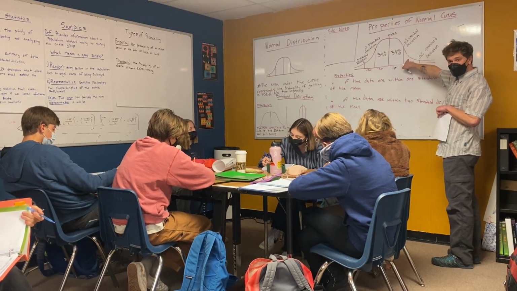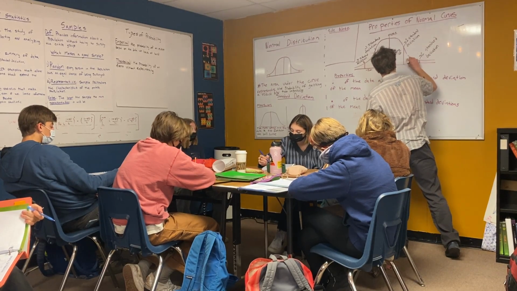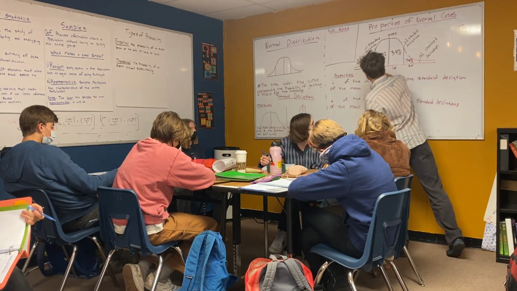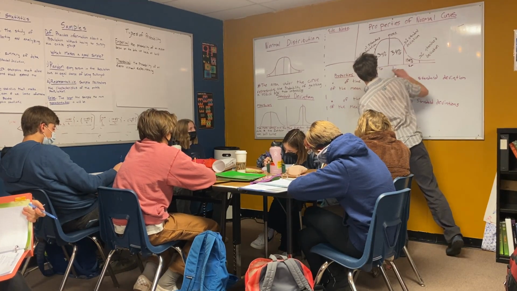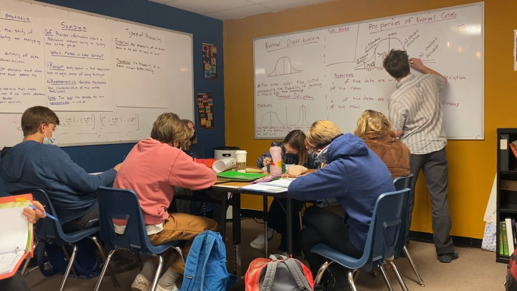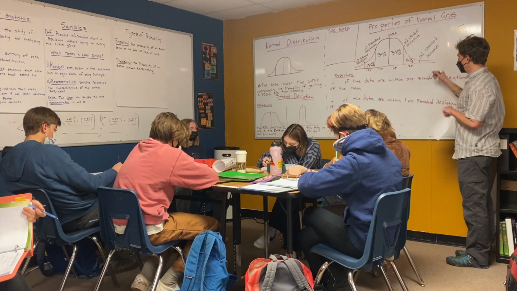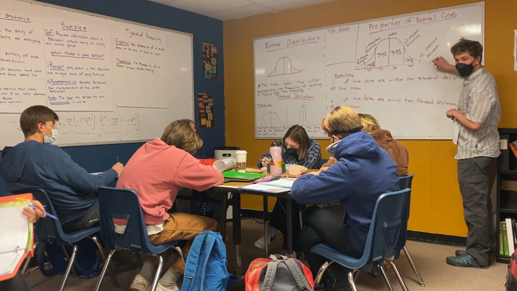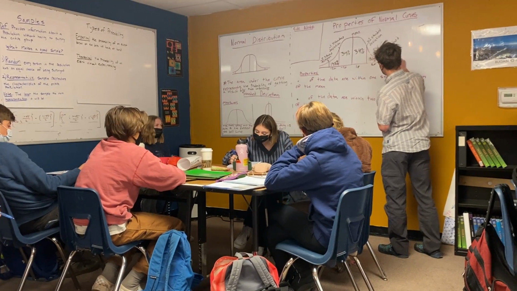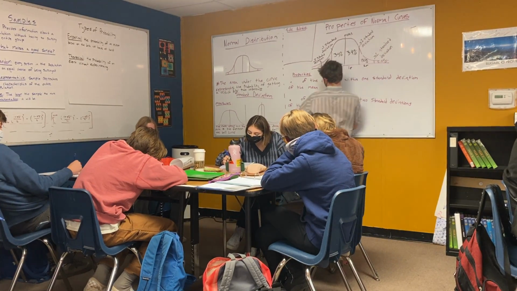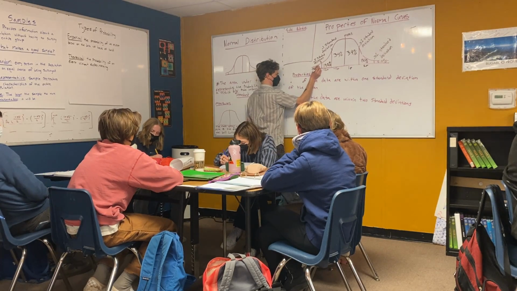This right here, this little tail, that's going to be 13.5% of the data. And that's the same on this side too. And then right on the tail here, this is 2.5% of the data. And if I come over here, I'm going to also label it right there.